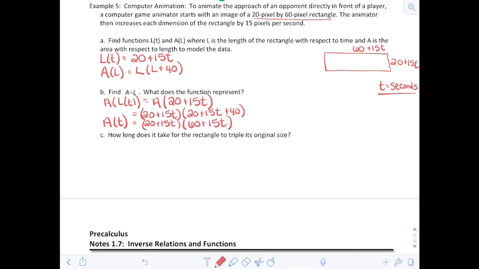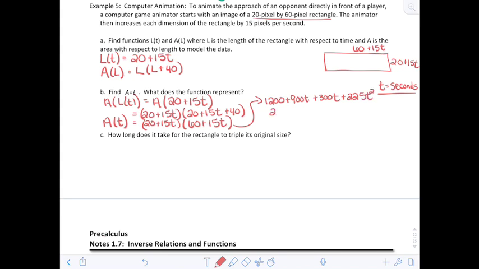Okay, now as I FOIL this out, I'm going to get 1200 for the first. Outer gives me 900t. The inner gives me 300t. And the last gives me 225t squared.